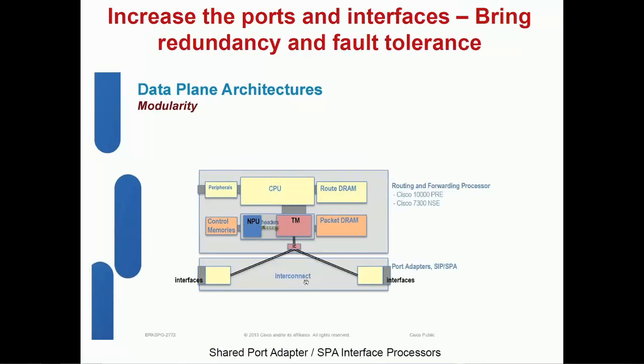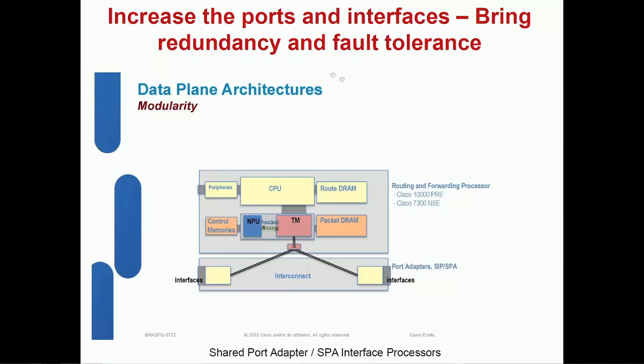If you look at the next evolution, they just removed the interfaces and the interconnect together, because they were able to receive data packets at a higher rate from different interfaces and then pass it on to the network processors, and these network processors did all the calculations and then sent it on. So these were called port adapters or shared port adapters or SPA interface processors. Okay, they called it. Okay, so Cisco's products like 7300 and 10000 actually use this kind of an architecture.